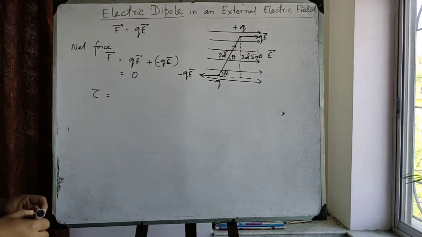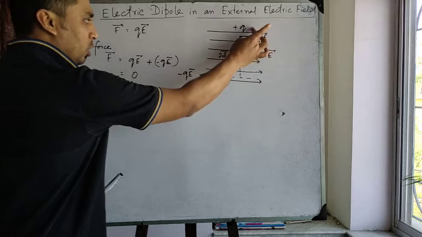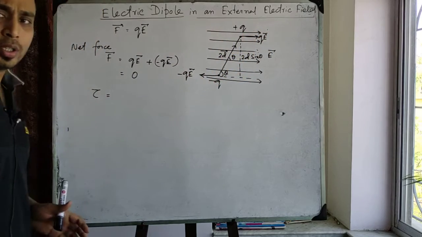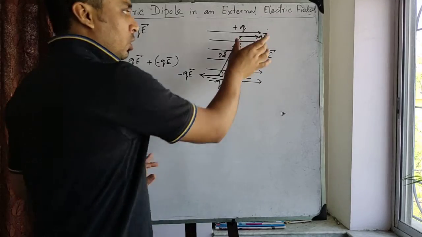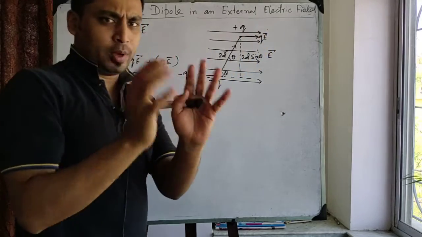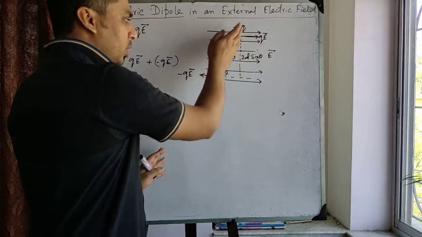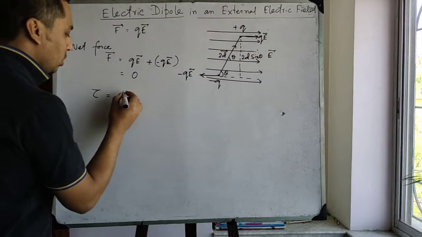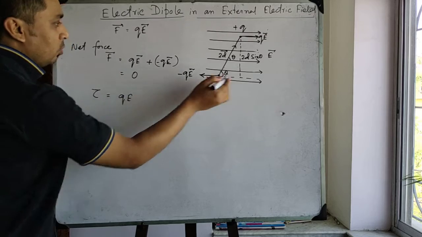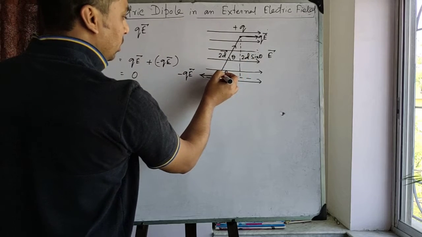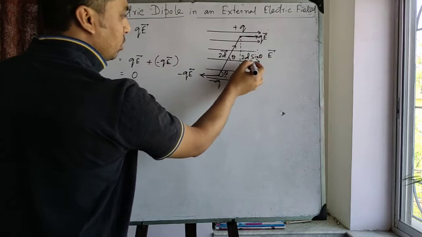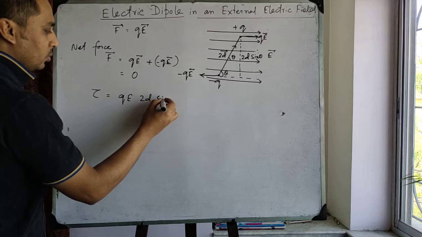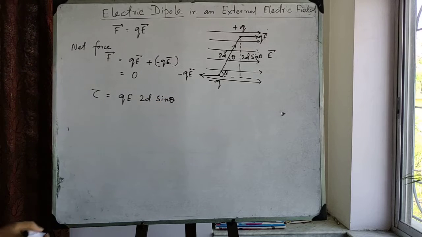So torque equals either force into the perpendicular distance between the two forces. Is it clear? The magnitude of either force is qE, into the perpendicular distance. If this is 2d and this angle is theta, then this is 2d sine theta.